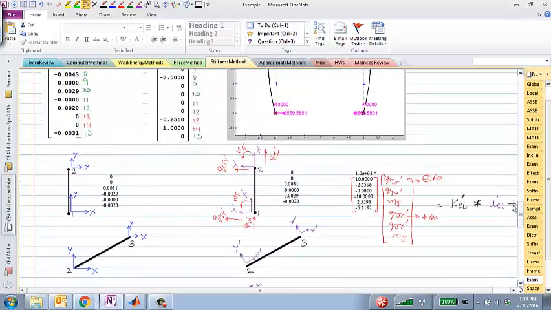Similarly, for shear force, is this Qiy prime and Qjy prime? Which one is positive, which one is negative? So, say it again. I prime is positive because, yes, it is the left end of a beam.